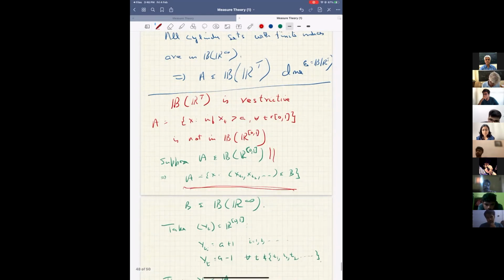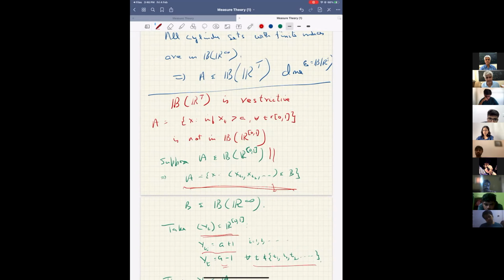Now I can construct my y_t in R^[0,1] as follows: y_t is a plus 1 at all these t_i points, and it is equal to a minus 1 for all t's which are not in this set. Now my set A is determined just by observing the values of the function at times t_i.